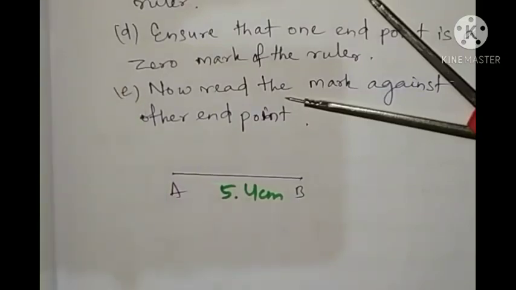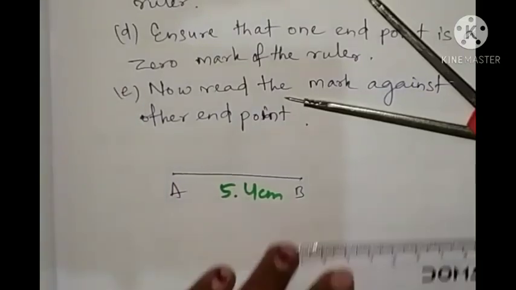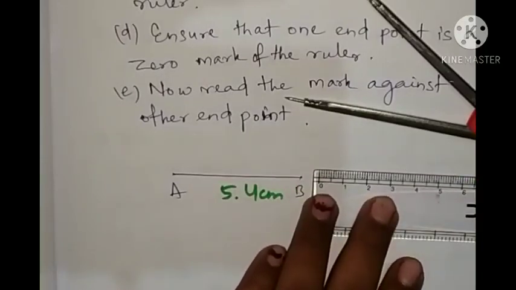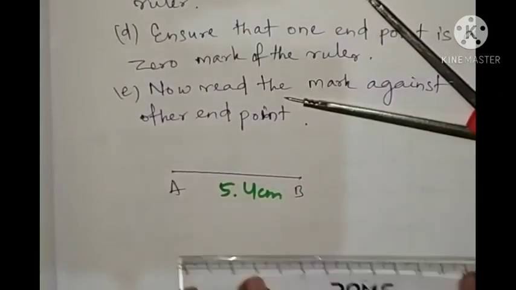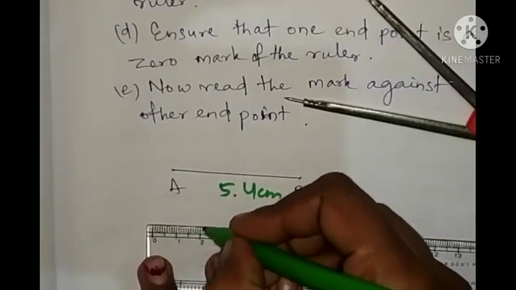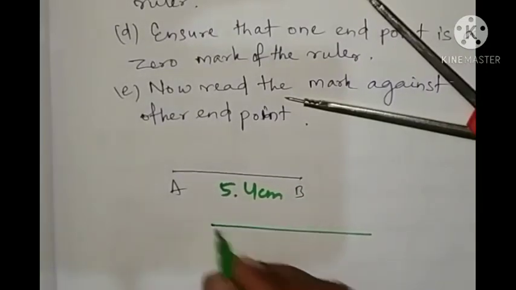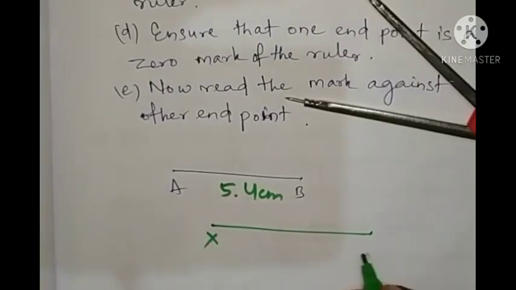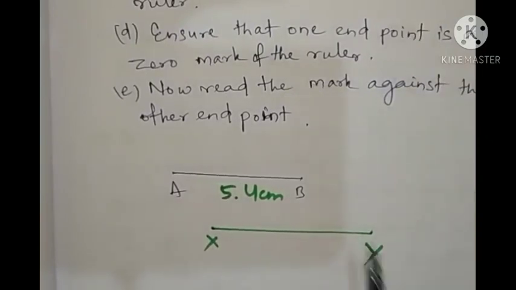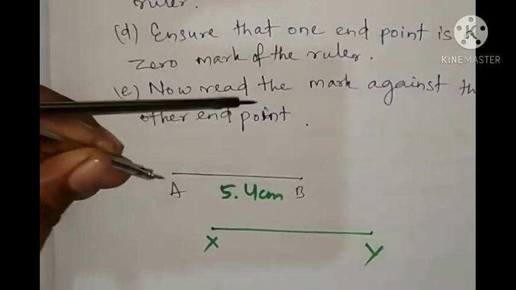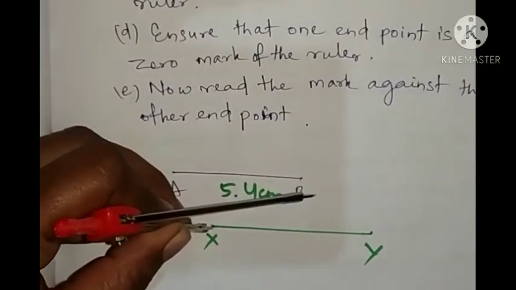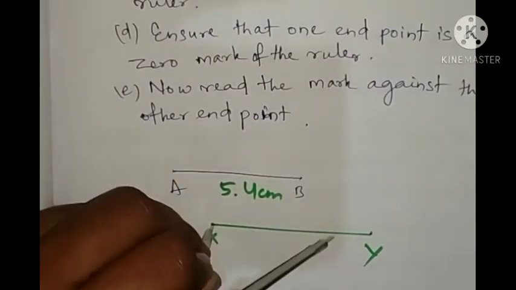Okay, we'll take next. Look at here. I'll take another line, a big line. Look here, X, Y, 2 lines means 1 line and 2 endpoints. So again I am fixing one endpoint.